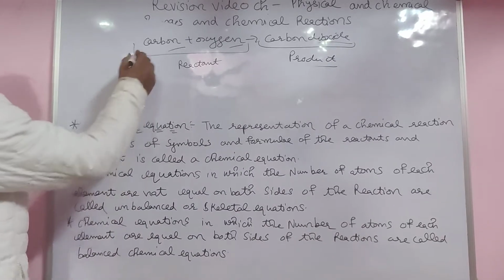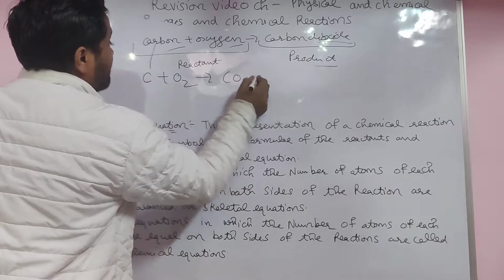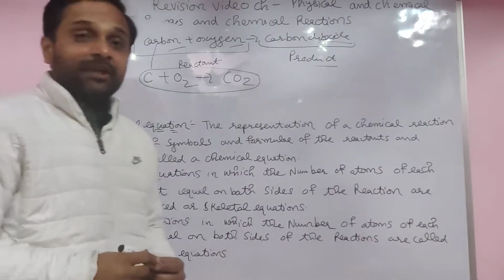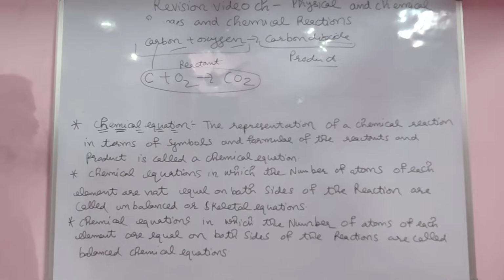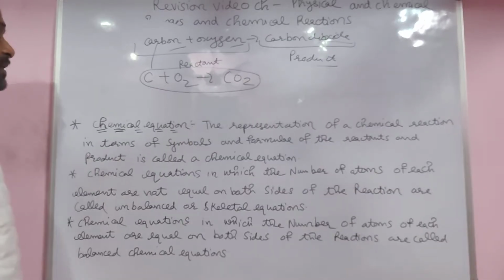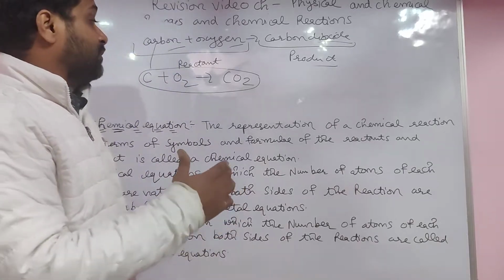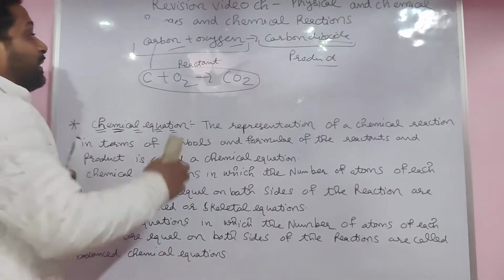When a chemical reaction is represented in symbols, that is called a chemical equation. Yes, this is the definition of a chemical equation. There are some rules, some characteristics of the chemical equation. We will discuss them one by one.